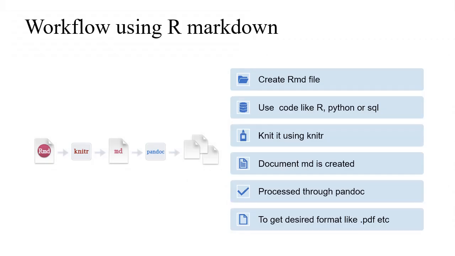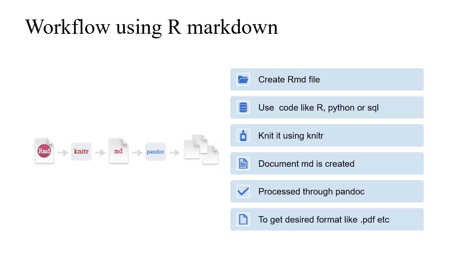You can also see how the work flows during R Markdown. You create a RMD file, that is .rmd extension file using RStudio, in which you can write a code of R, Python or SQL. Then you can use knitr to knit the document, which will create a MD document, and that MD document when processed through Pandoc will give you a PDF or desired formats.